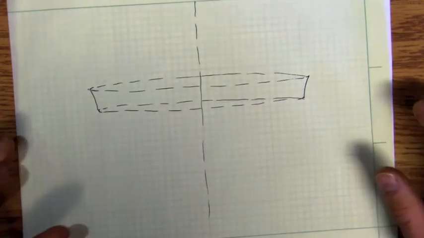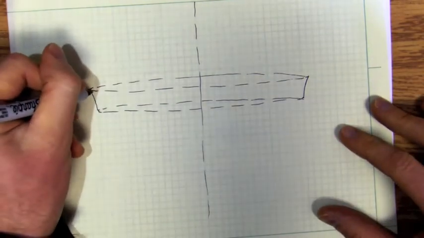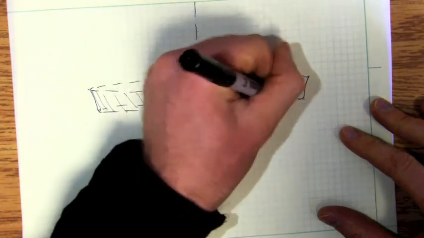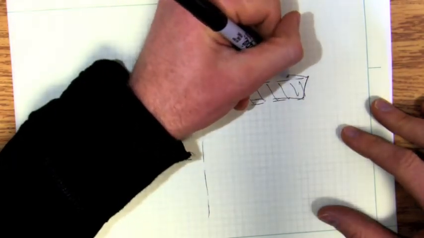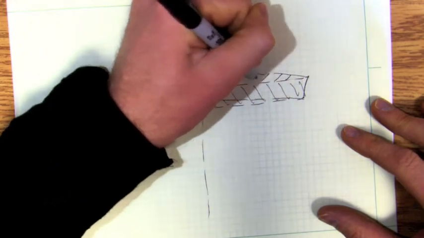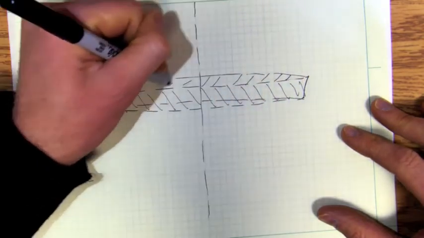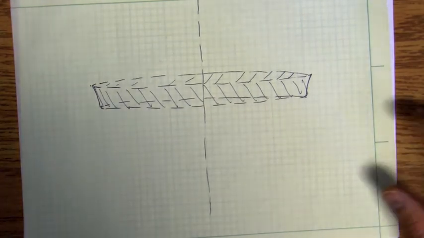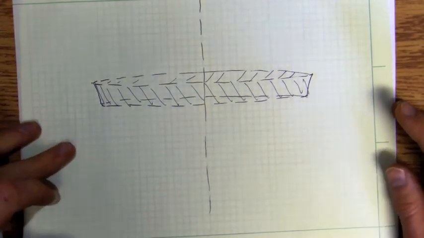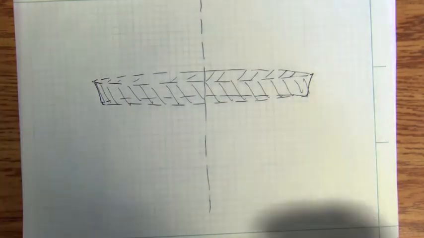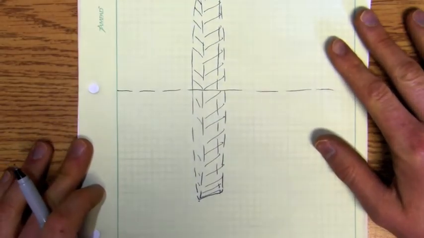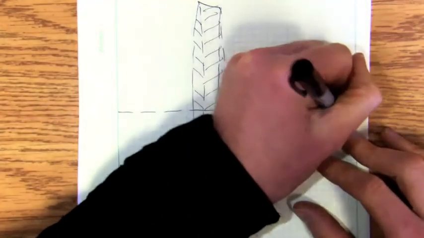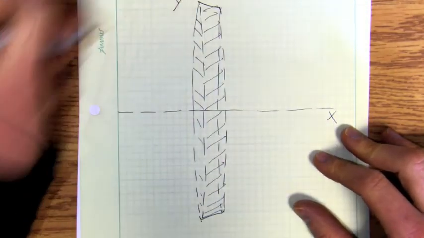So there's my strip. This is the front side of the strip, and that's the back side of the strip. I hope you can see what I'm getting at. Now, flipping it like that, this is my x-axis, this is my y-axis.